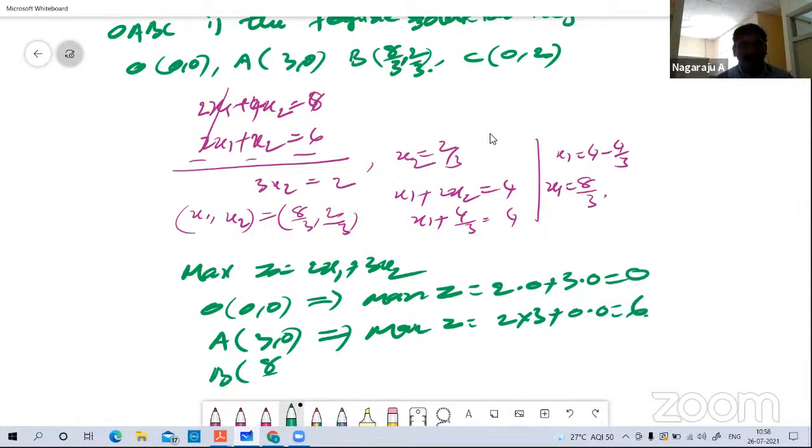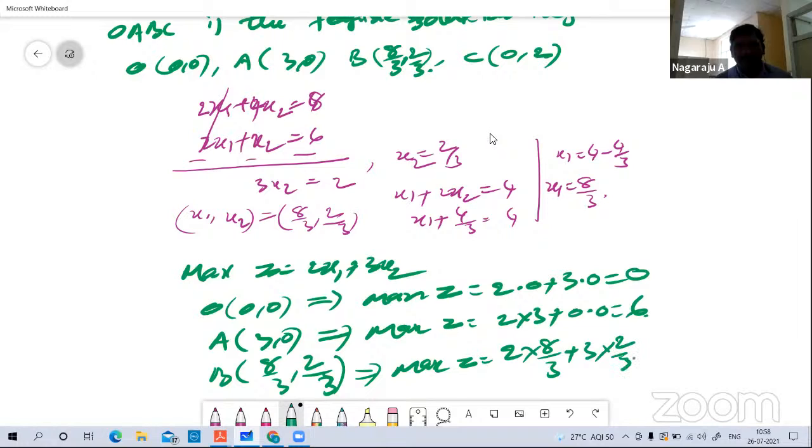Now B, 8 by 3 comma 2 by 3: z equal to 2 into 8 by 3 plus 3 into 2 by 3.